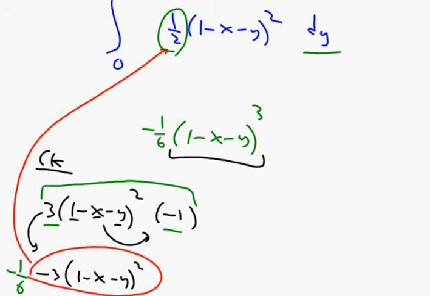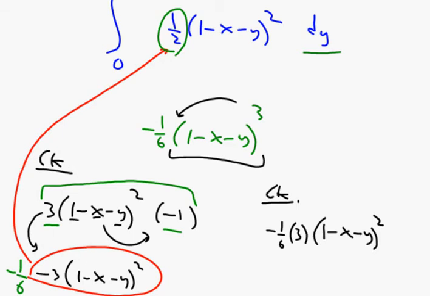Now let's check this again and see if this works out the way we want. So check. Here we go. The derivative of this expression: you've got negative 1/6 times 3, because the 3 comes down in front, times (1 minus x minus y) to the second. And then from chain rule, we get a derivative of negative 1 from the inside.